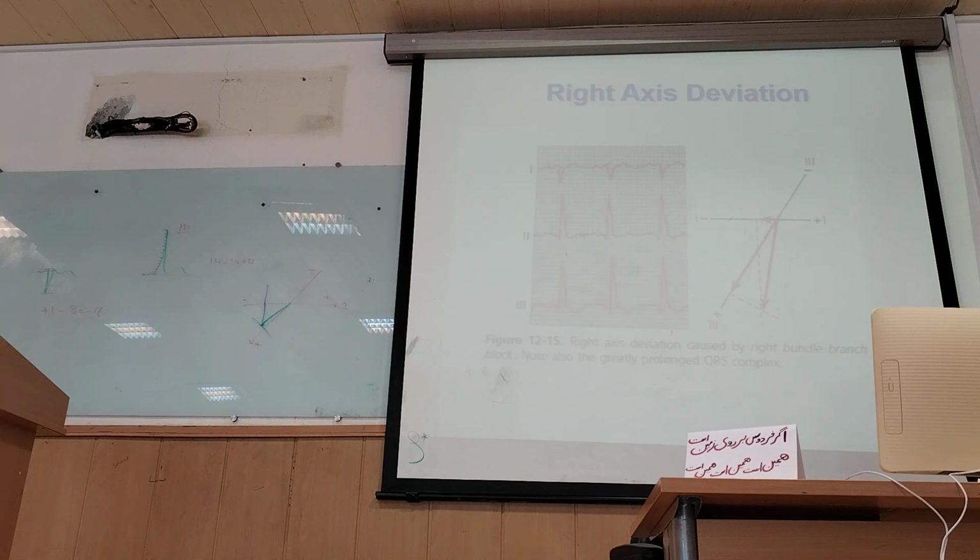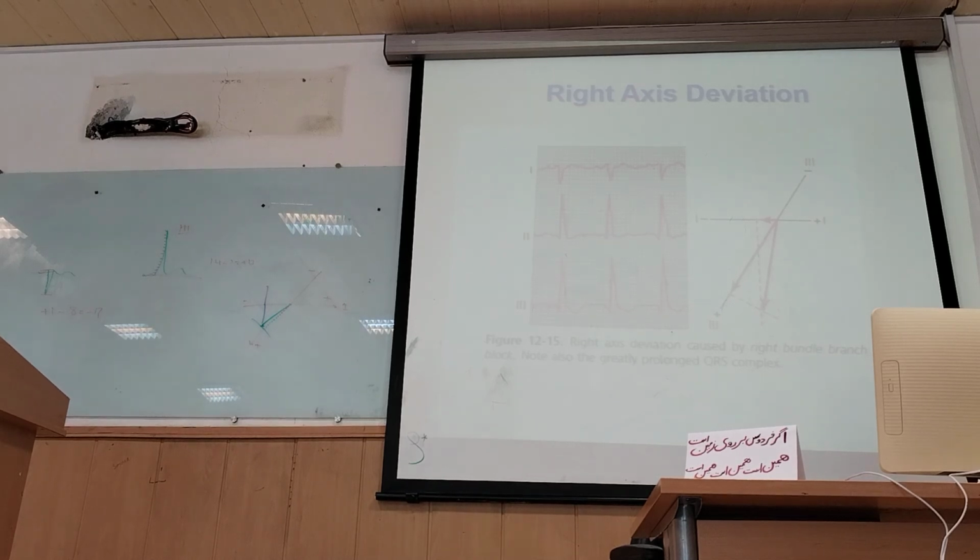For example, the valve is normal, but you have a high capillary resistance in the lung. You smoke a lot, so you will have increased pulmonary circulatory resistance. What is the net effect of the pulmonary capillary resistance on the right ventricle?